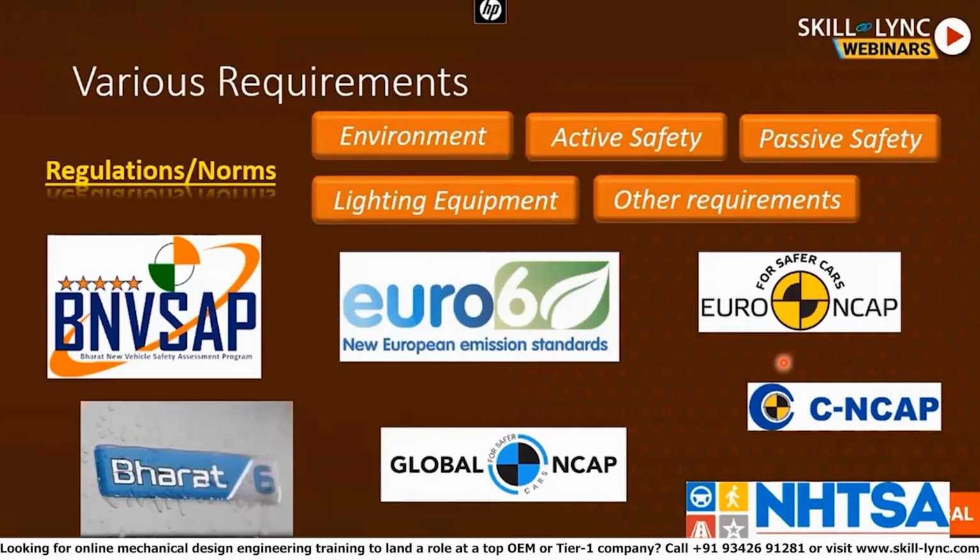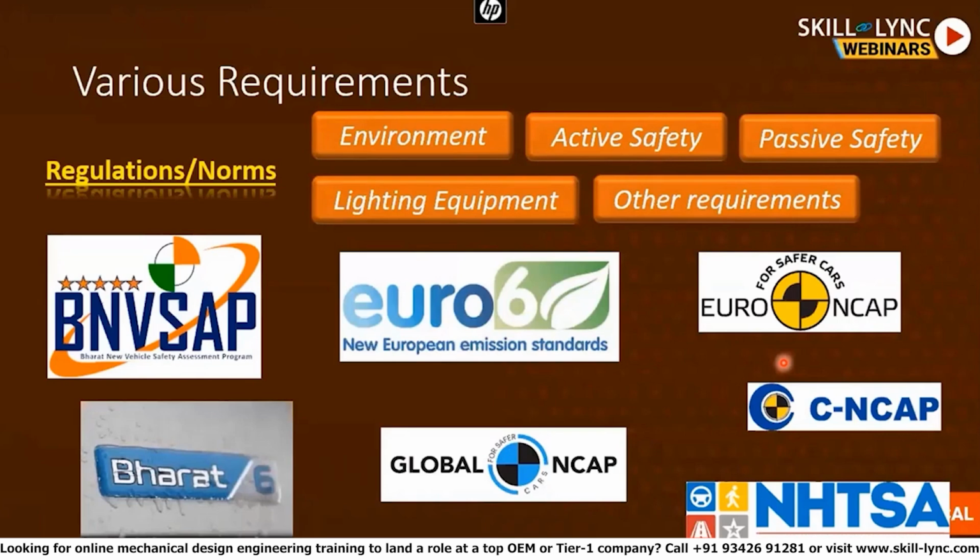Those are all coming from the NCAP ratings, basically. And NCAP is being followed by different countries. You have NCAP in USA, in Japan, in China, in Europe. Everywhere you have NCAP except some countries. And India is also planning for Bharat NCAP in future.